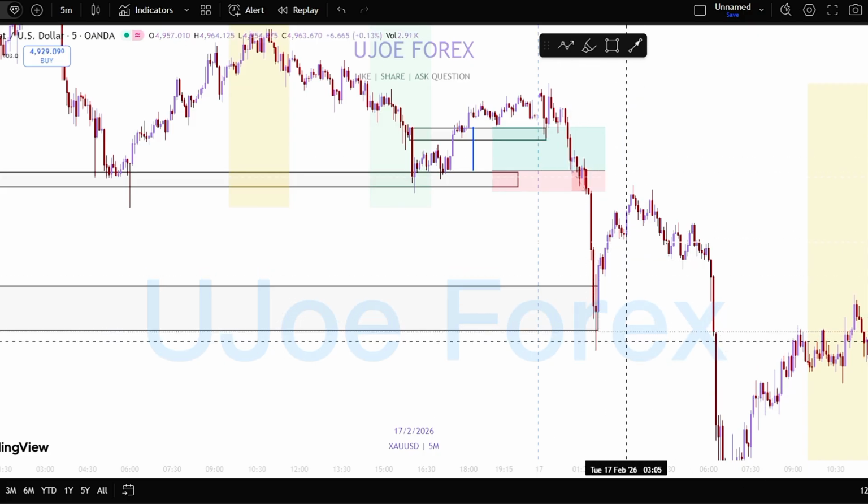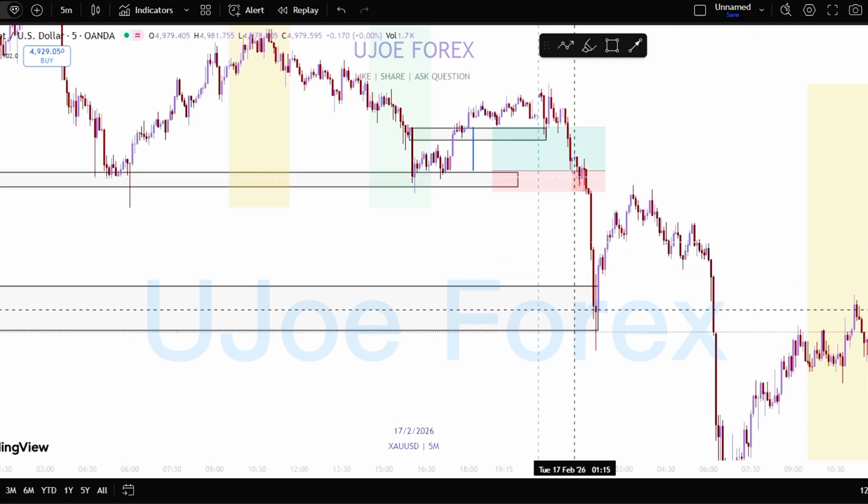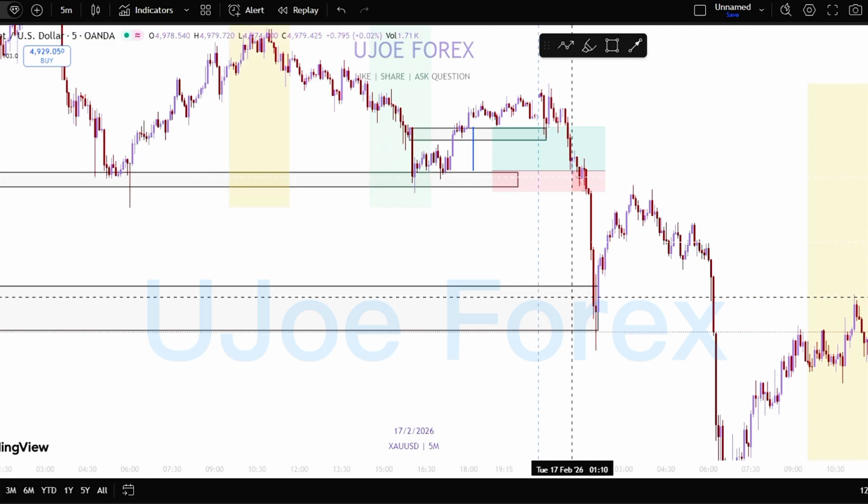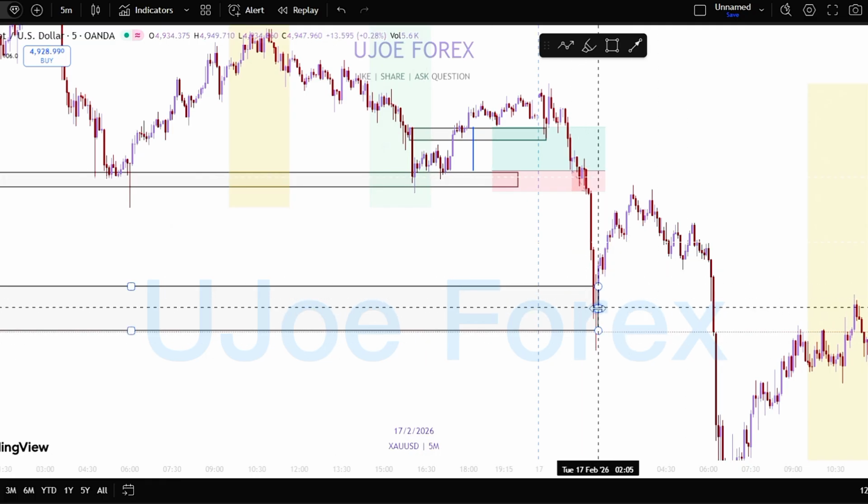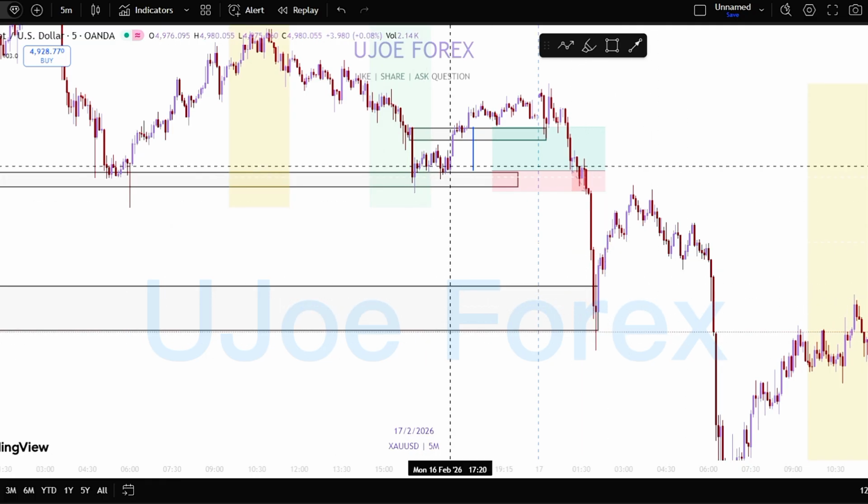We waited for it down to this point because the market was quite tricky here. So entering at this point might obtain some losses because you're not really sure.